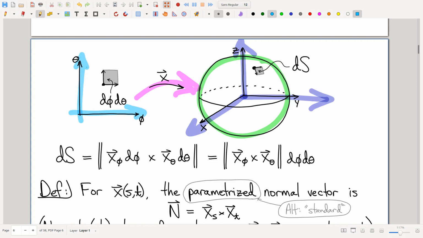So that's one of our spherical parameterizations, and the details of this formula, of course, we've already talked about. I'll have to use my finger because I lost my other stylus.